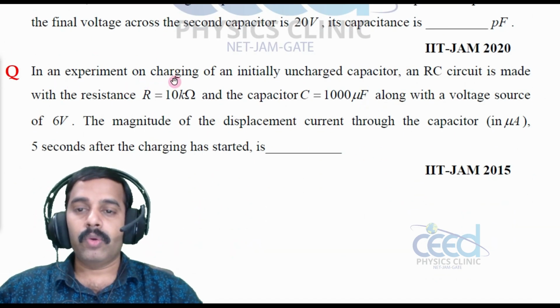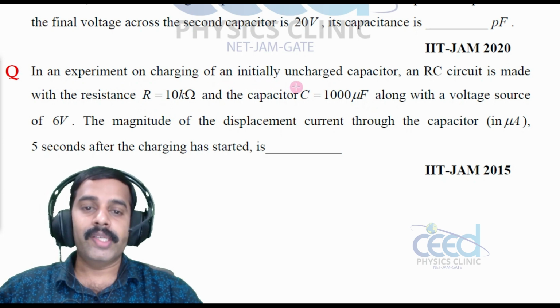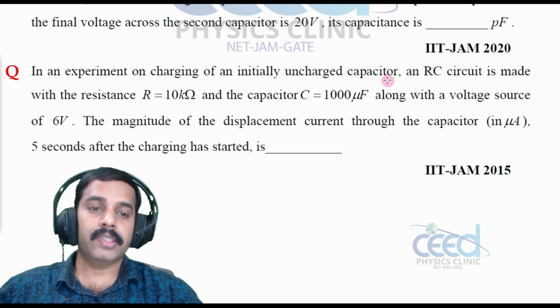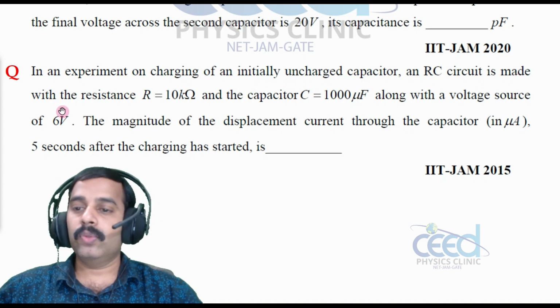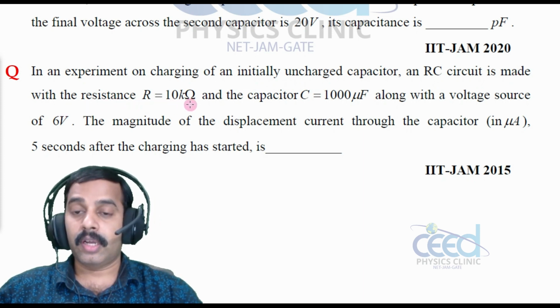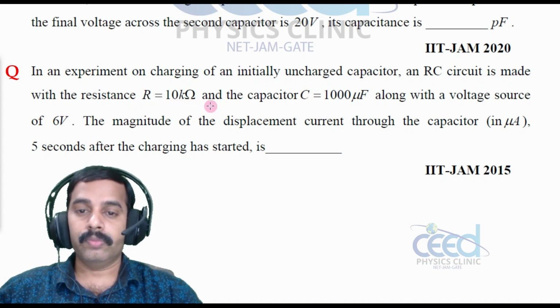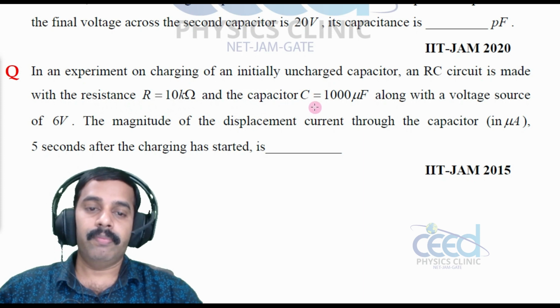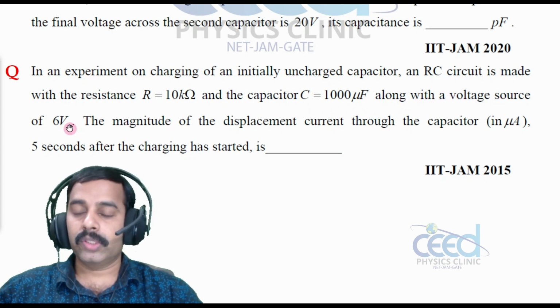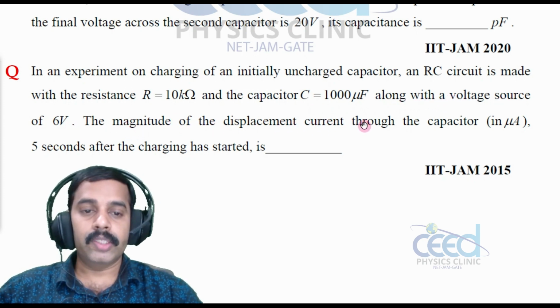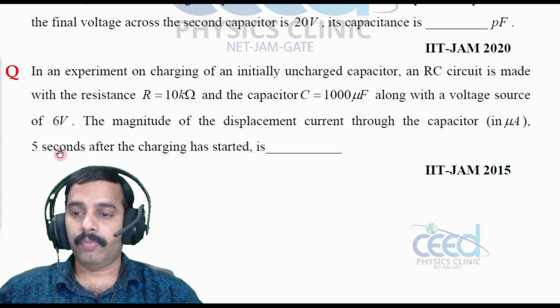Now we have another question, that is the last question. In an experiment on charging of an initially uncharged capacitor, an RC circuit is made with a resistance R equal to 10 kilo ohm and a capacitor C of 1000 microfarad, along with a voltage source of 6 volt. Find the magnitude of the displacement current through the capacitor 5 seconds after the charging has started.